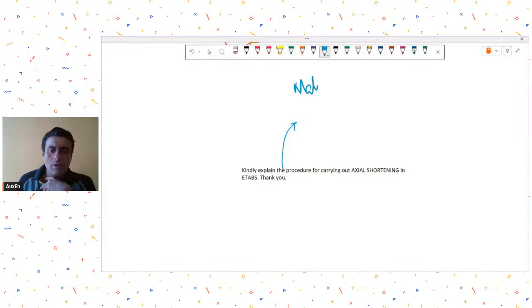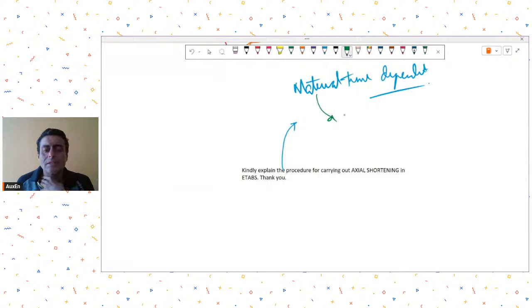But first of all, for calculating the axial shortening, you need to know the material time dependent properties. You should be able to calculate these. Generally this is done with the help of some models, some documents or codes.